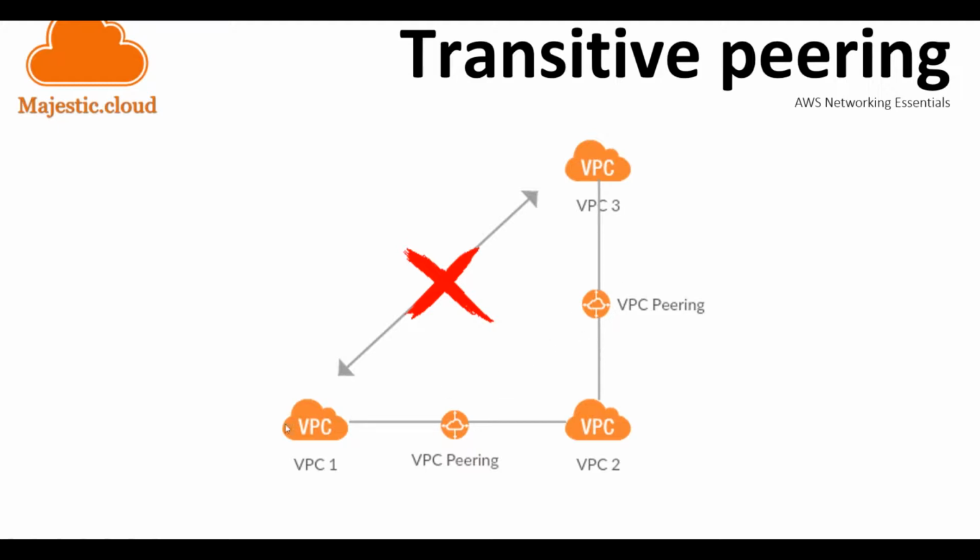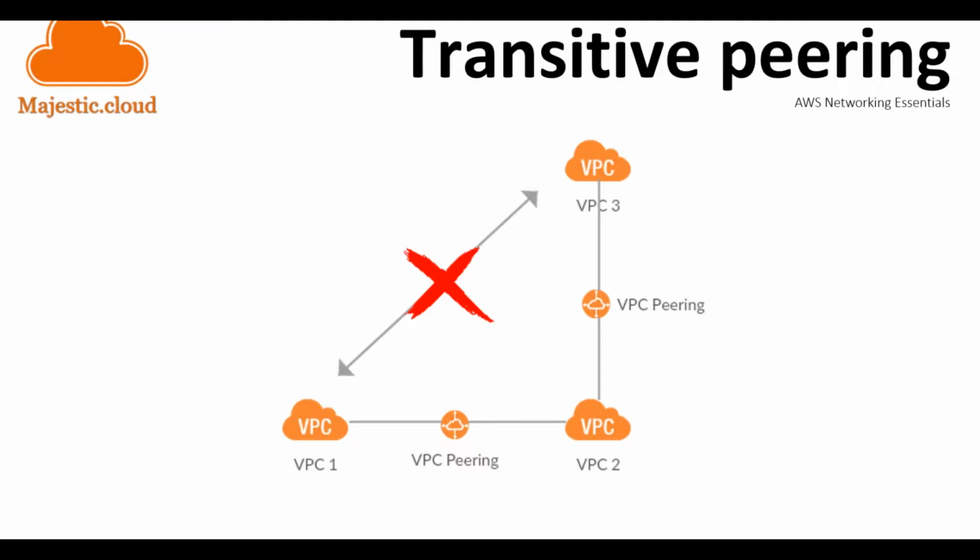However, VPC1 cannot connect directly to VPC3 through the second VPC. So that is not possible in a peering connection.